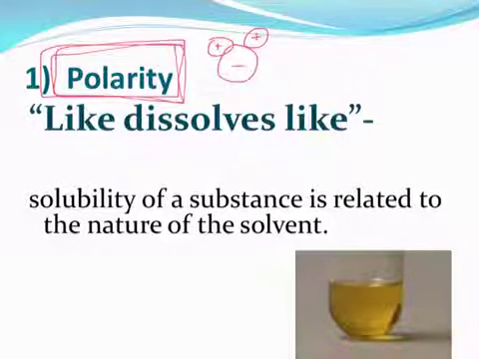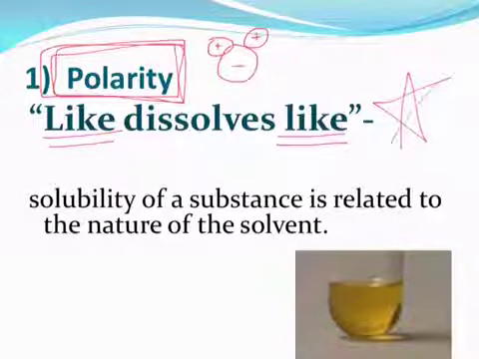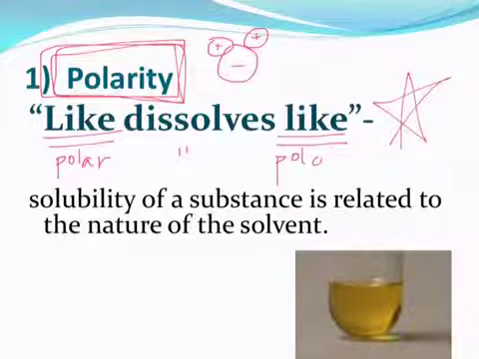What's going to happen is that we say things that are like will dissolve things that are like. You need to write this down, okay? Like dissolves like means polar will dissolve polar, or things that look like they're polar. Yesterday we talked about salt dissolving in water.